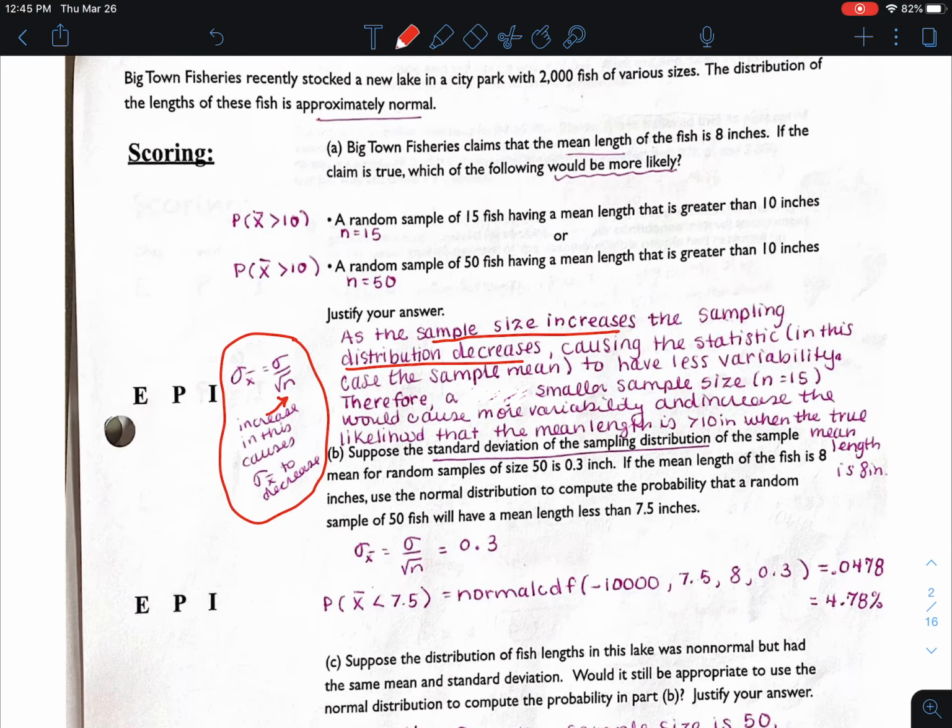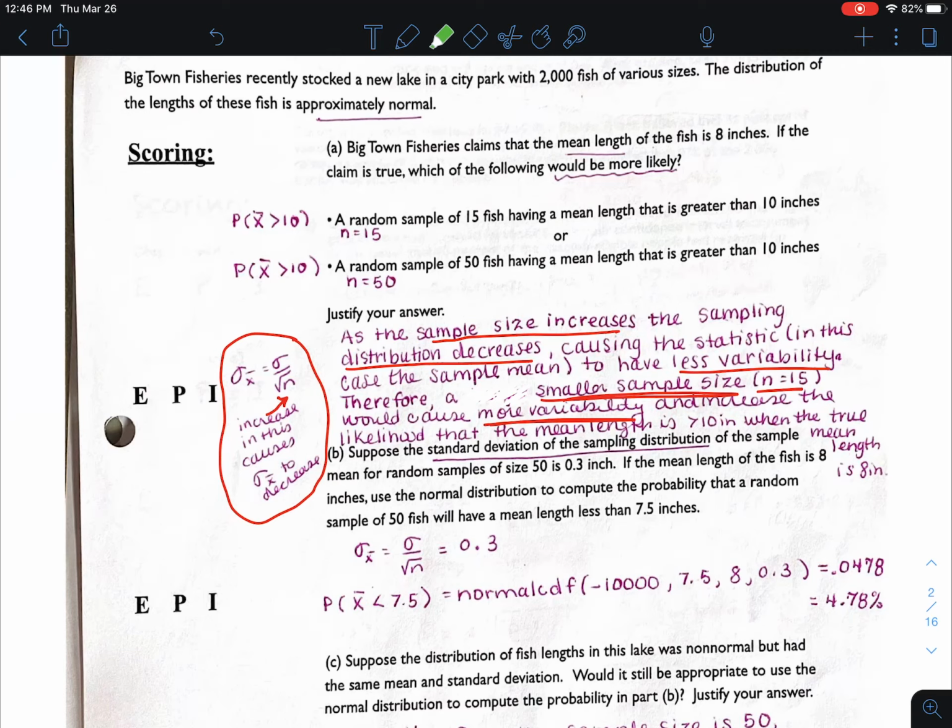Okay, we talked about when you increase your sample size, so as the sample size increases, what that does to your sampling distribution is it causes it to decrease. If you think back to that penny activity we did, when you take larger and larger sample sizes, it causes that sampling distribution to have much less variability, okay? Therefore, if you were to take a smaller sample size, like 15 fish, there would be more spread, more variability.